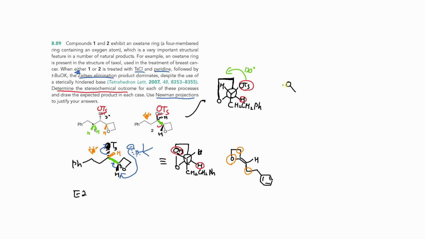Therefore, I have OTs on the left side. Hydrogen now is at the bottom, and the long chain is over here. Okay, so notice that they are 180 degrees apart.